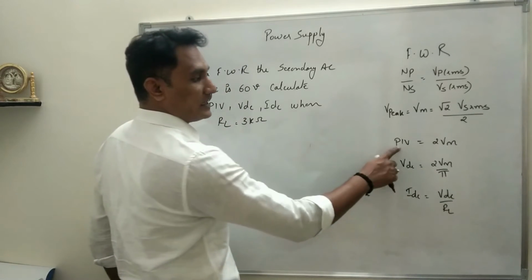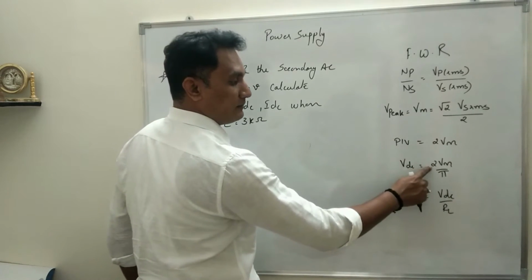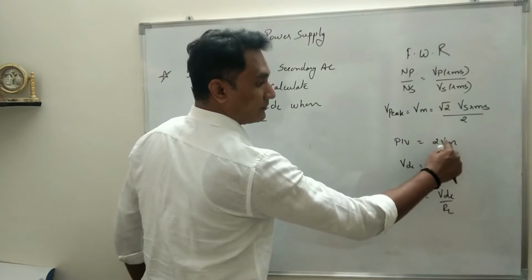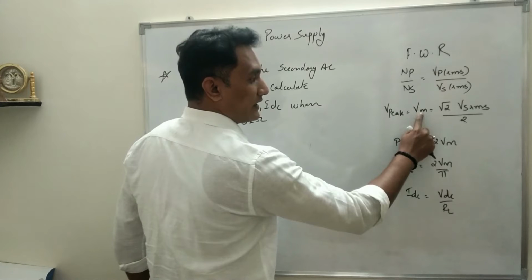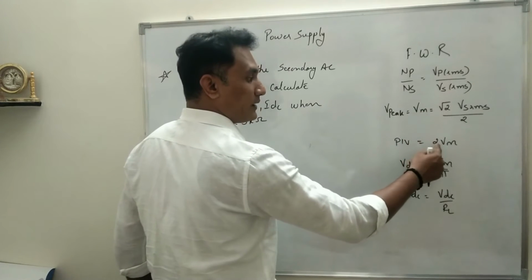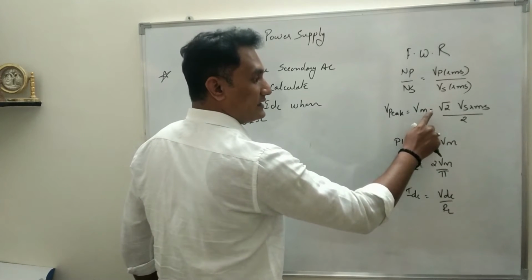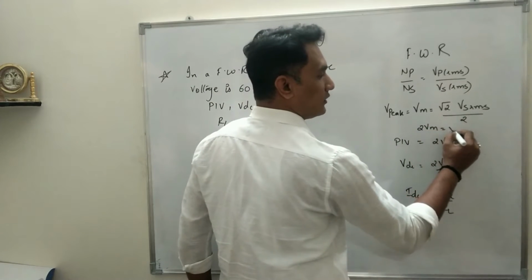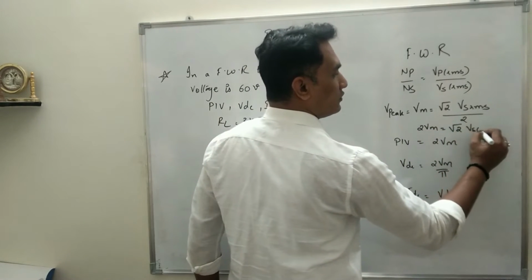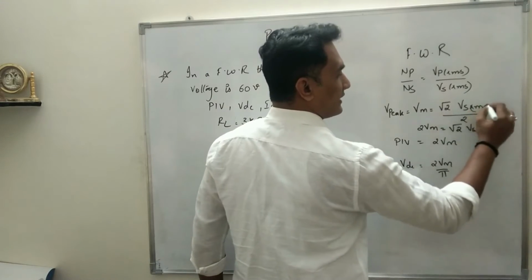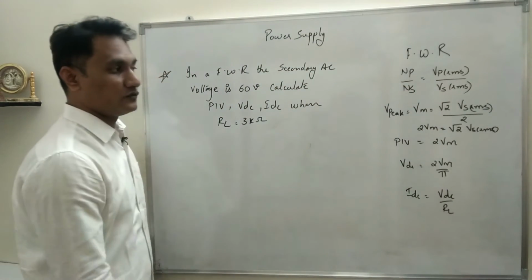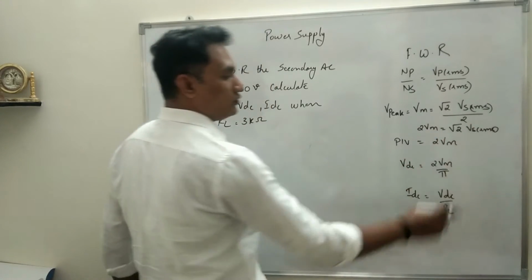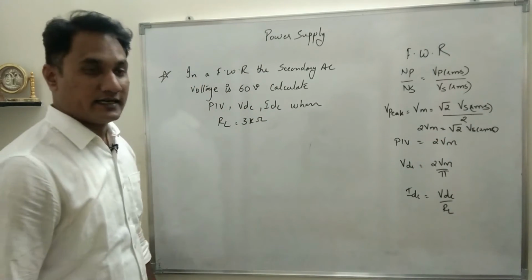PIV is 2VM, VDC is 2VM by pi, and most of the time we are going to use 2VM. So instead of finding VM and then multiplying it by 2, we will modify the formula as 2VM equals root 2 into VS RMS. We keep the value as 2VM so that it becomes very easy to substitute the value and get the answer.